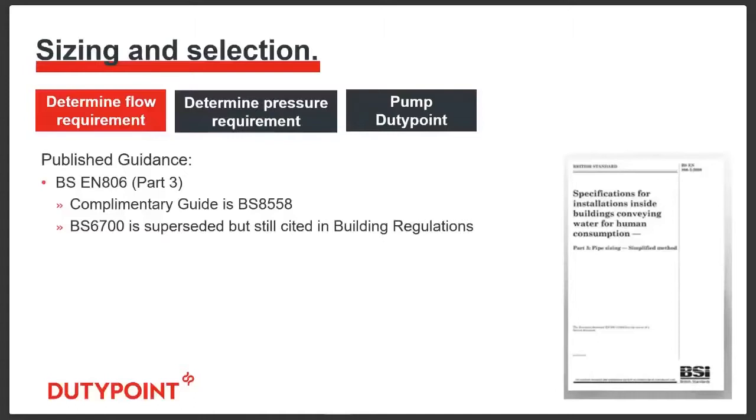It's technically been superseded by BS-EN 806, but it is actually still cited in building regulations, so it's worth bearing in mind and taking account of it. The Institute of Plumbing also offer a very good sizing guide, we at Dutypoint think, and there are others as well, particularly from other countries, which can be useful. But these ones certainly apply to the UK.